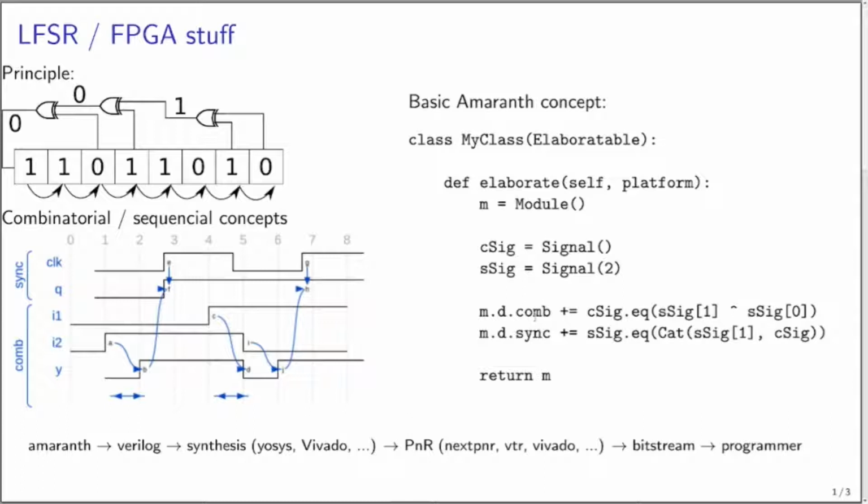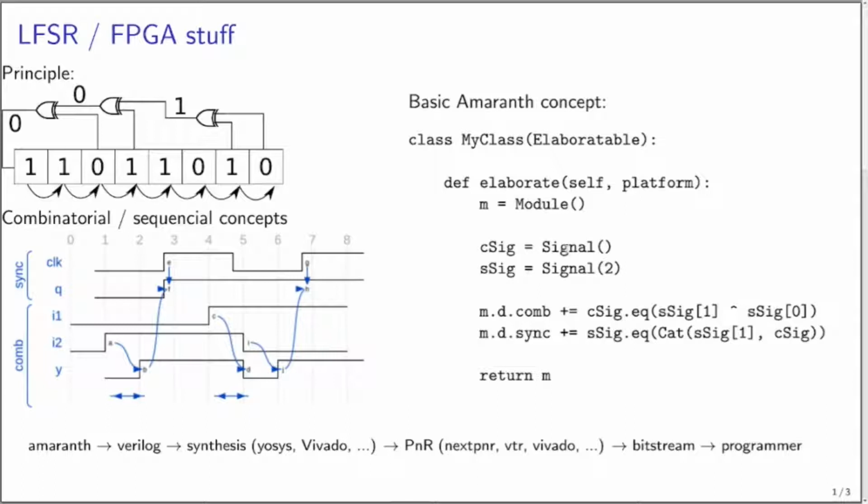There is a comb domain. D is for domain. The comb domain is the combinatorial part, and the sync domain is the sequential part. Sync is the default domain using a clock, but it's possible to have more than one sequential domain. Here, the second thing we do is to create a signal.